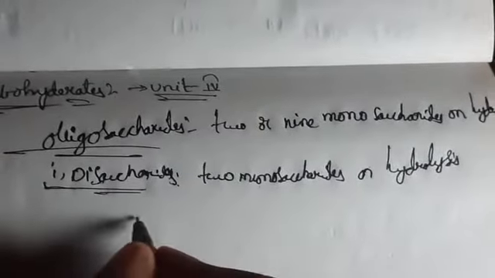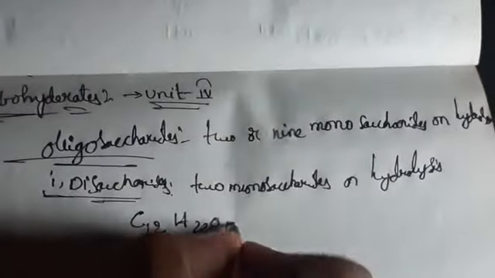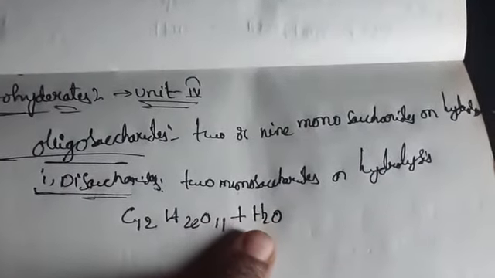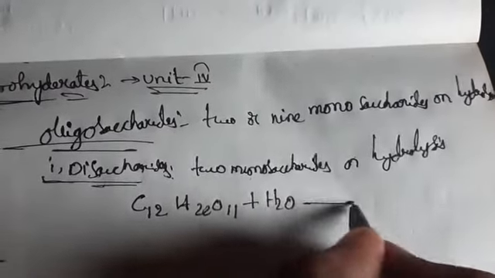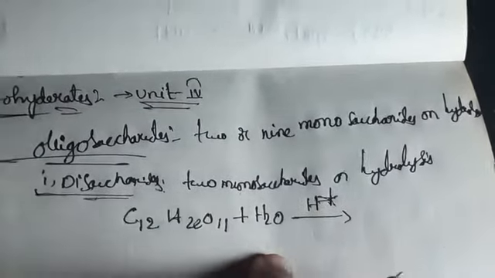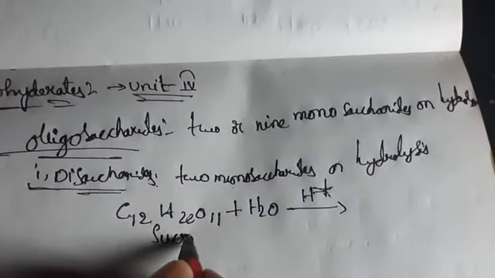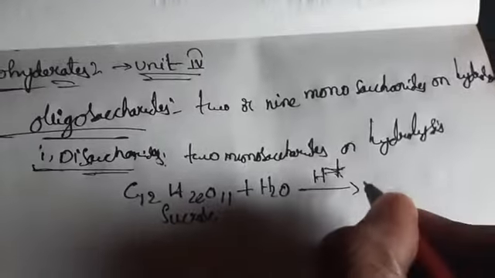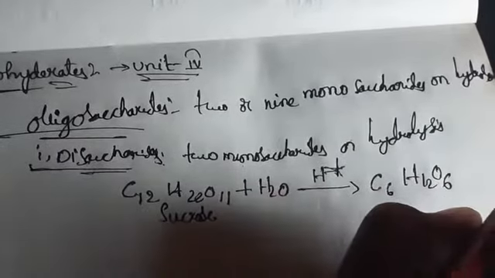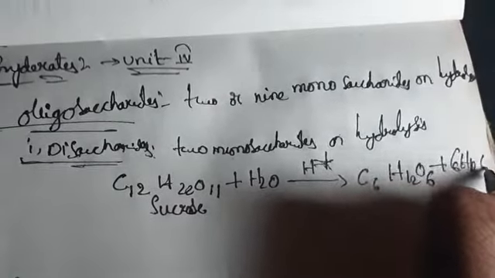For example, let us take sucrose, C12H22O11. When I am doing hydrolysis, H2O, in the presence of H plus, that is, in the presence of acid, you are going to get 2 molecules: C6H12O6 one molecule plus C6H12O6.